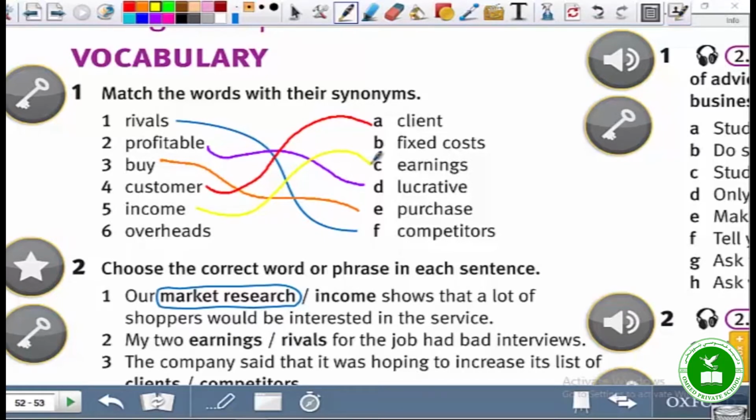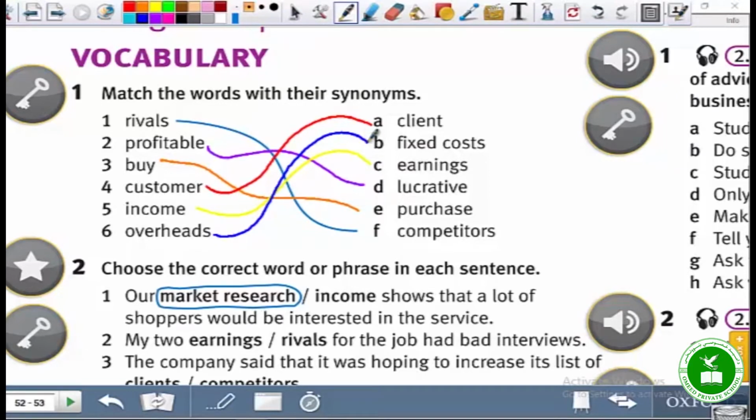And the last one, the most difficult one which remained, is overheads. What does it mean? Which one is left? Yes, it is letter B. Overheads means fixed costs.